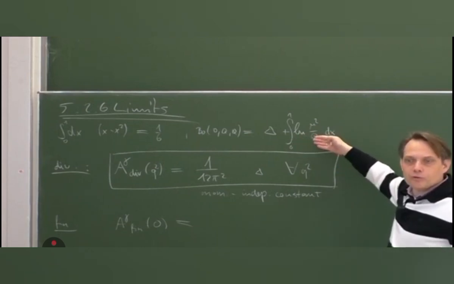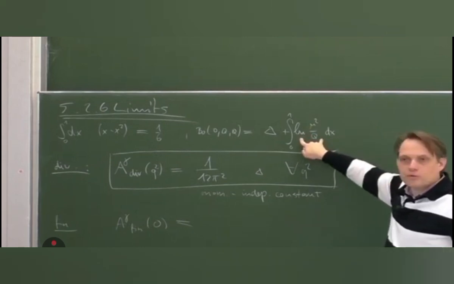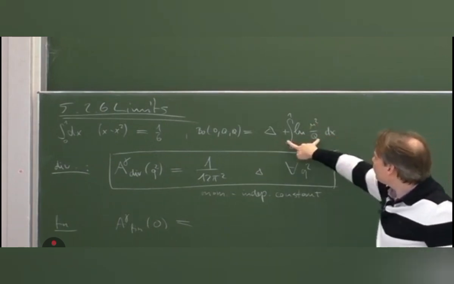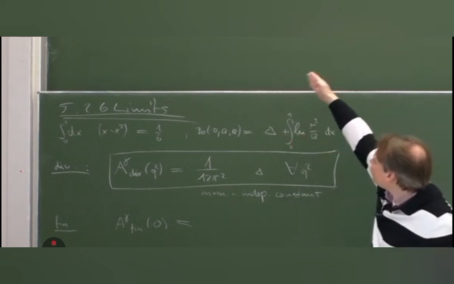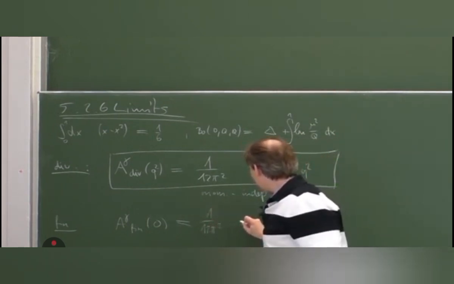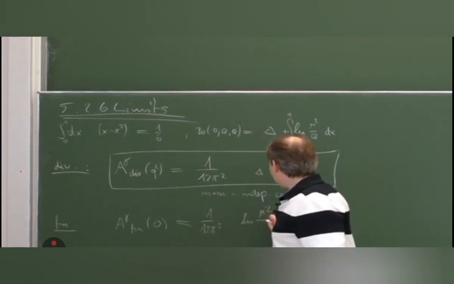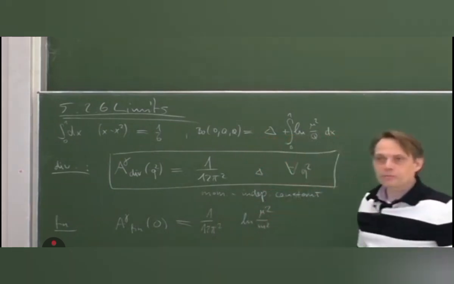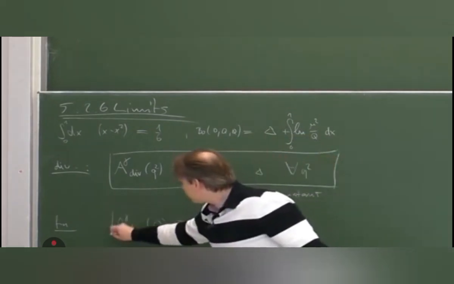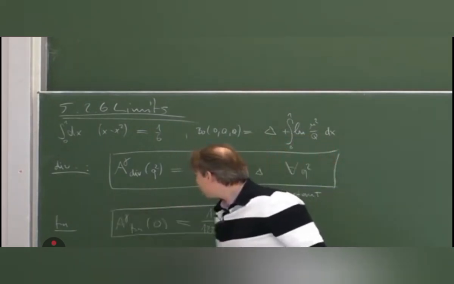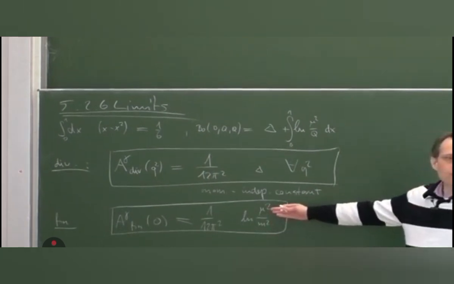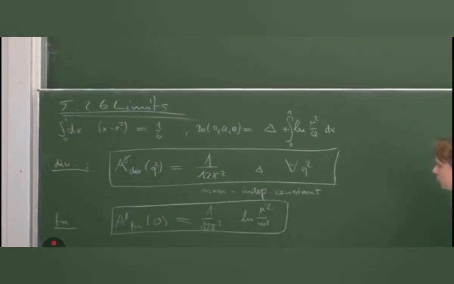So the integral from 0 to 1 gives just the argument, and we get ln mu squared over m squared. With the same prefactor, we get 1/(12 pi squared) times ln mu squared over m squared. So that is just a constant. This is the finite part at 0 momentum, and it's some constant which depends on the mass and which depends on this unphysical mass scale mu.